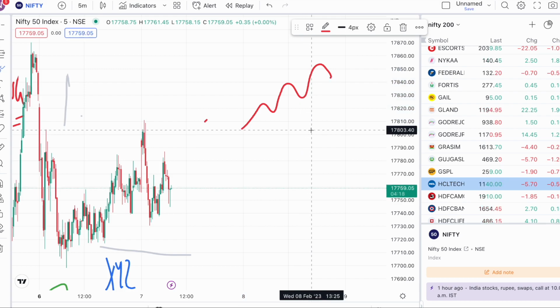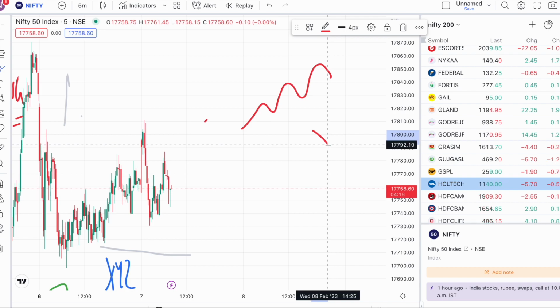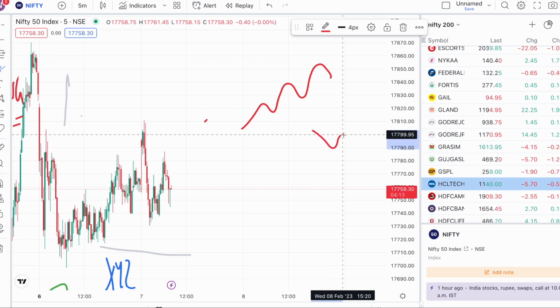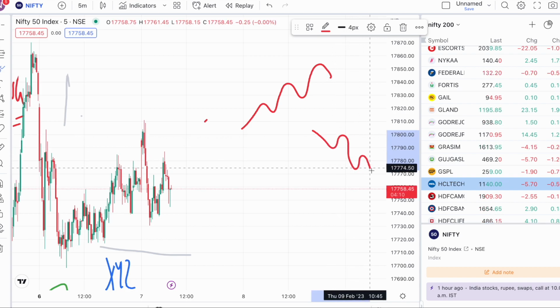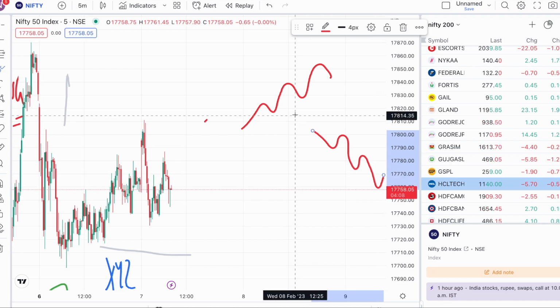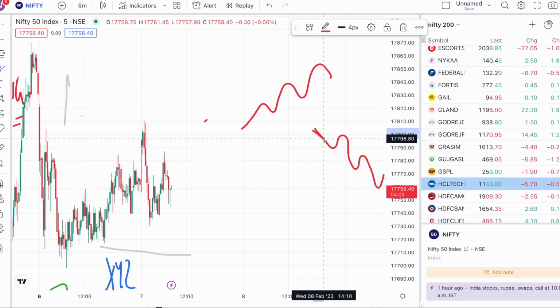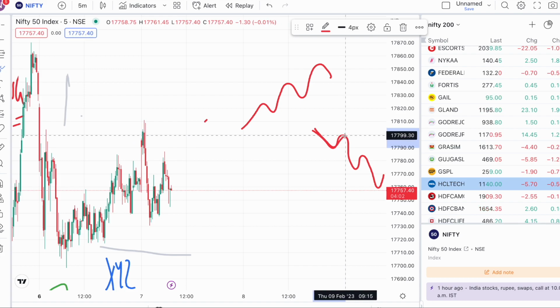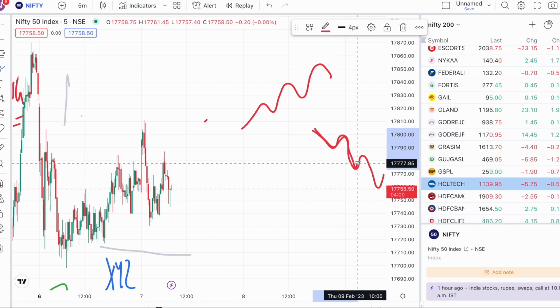Now, what if the graph looks like this? It means impulsive moves by the red, reactive moves by the green, right? The red king is winning.